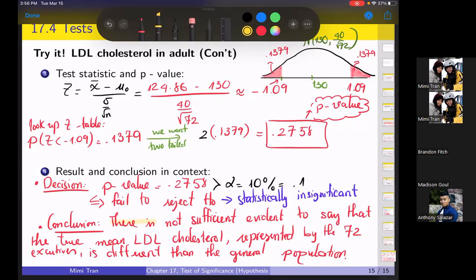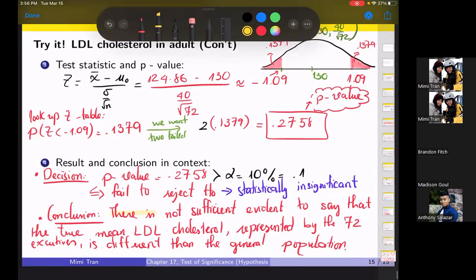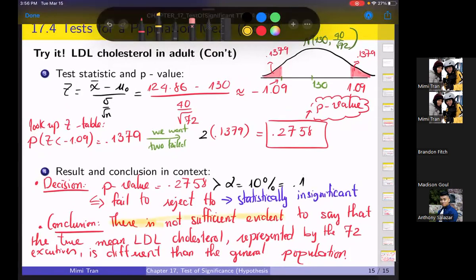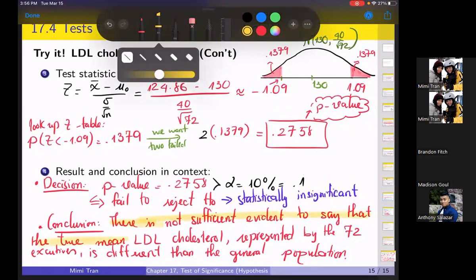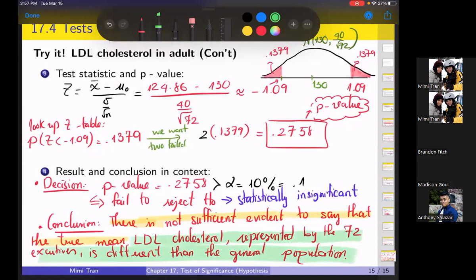Reject, there is. So I'm just going to highlight some generic things here in yellow, and in green will be all context. The one in black is your decision. Reject, there is. Fail to reject, there is not.